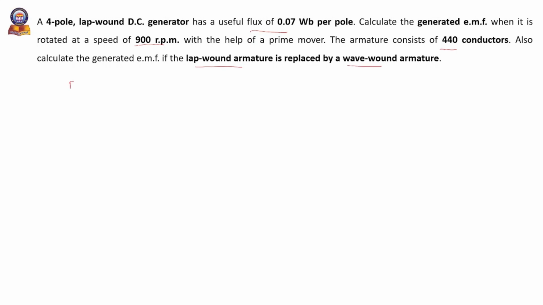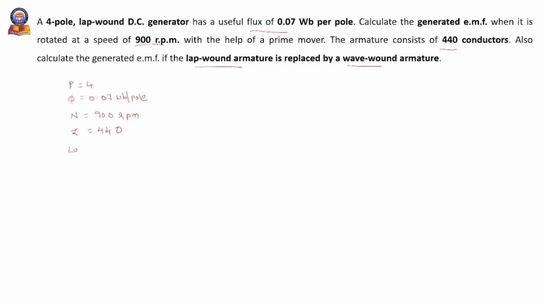Note down the given data. P is equal to 4, flux is 0.07 Weber per pole, N is 900 RPM, Z is 440 conductors.